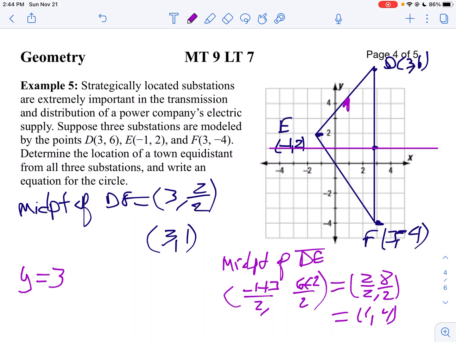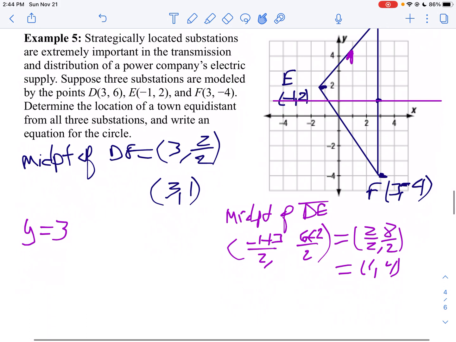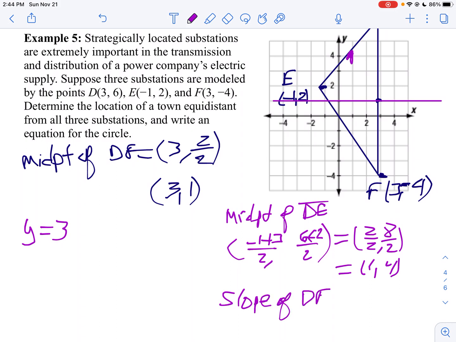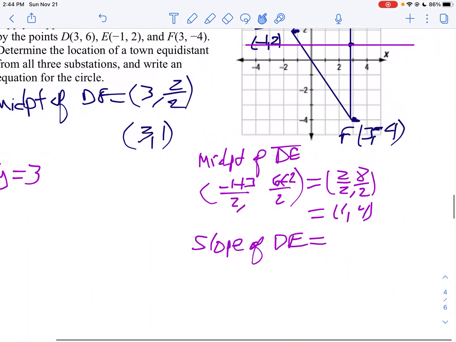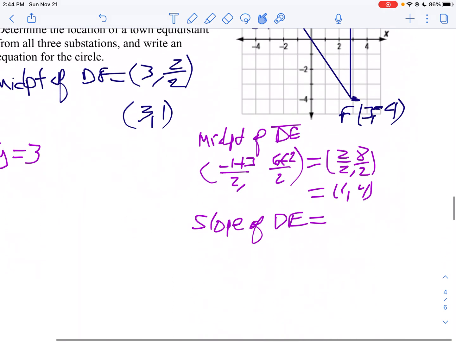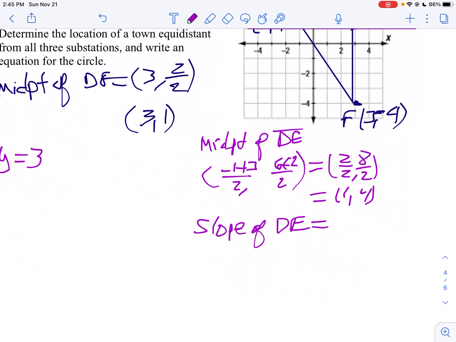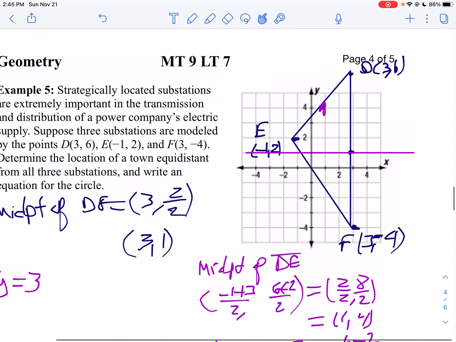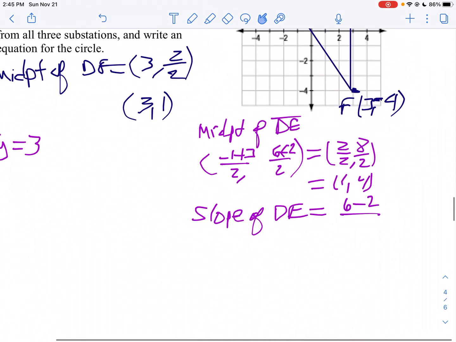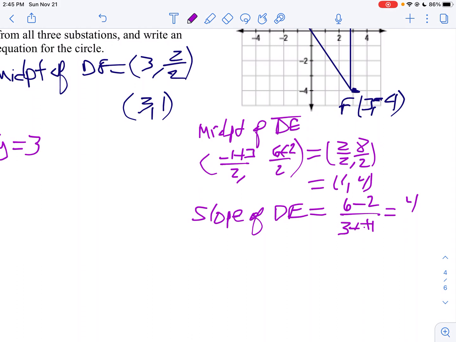Now I want to find the equation of the perpendicular bisector of this line. So I have to go back and find the slope of DE. I'm going to subtract my y's, so 6 minus 2 over 3 minus a -1. Well, 6 minus 2 is 4, and 3 plus 1 is 4.